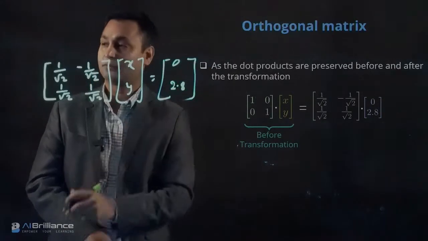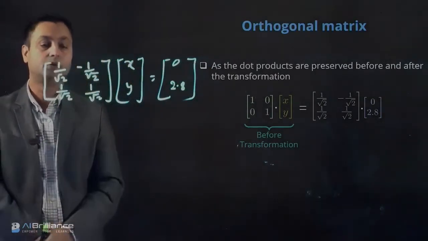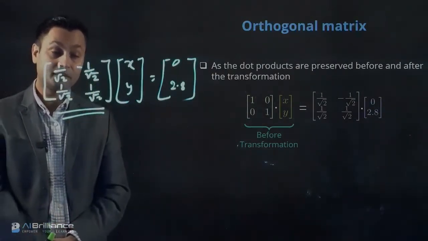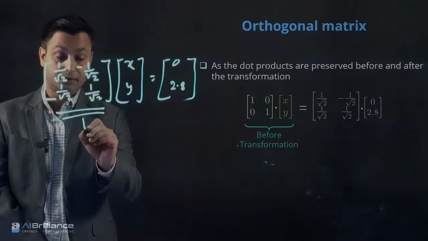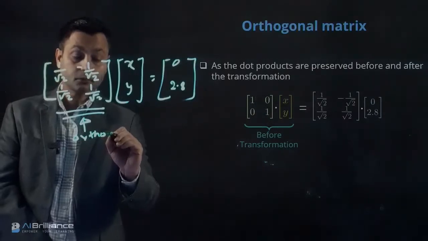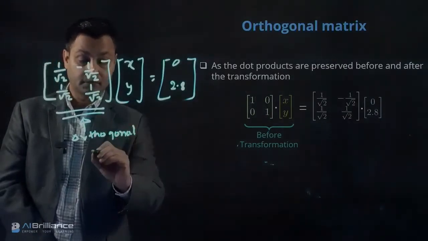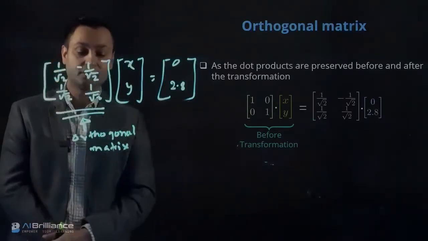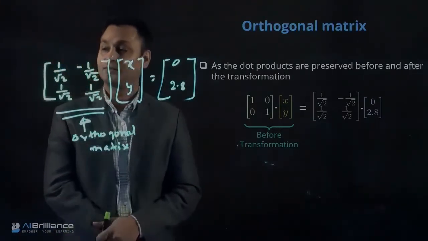If this is a set of linear equations in two variables, the first thing to note is that this is a special case because the matrix you have is an orthogonal matrix. And if the matrix itself is orthogonal, then you can simplify and solve this problem.